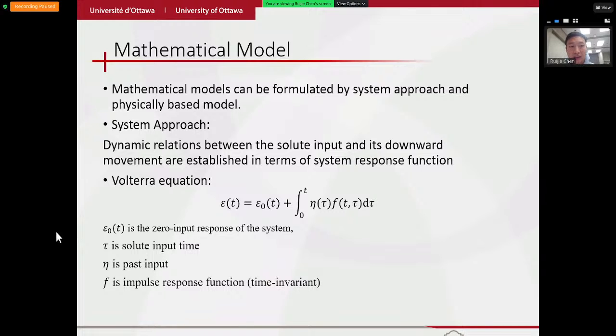Tau is a solute input time, eta is a past input, and f is the impulse response function, which is time invariant. So if epsilon zero t is the state of the system without influence of the past solutions, and the integration term is the influence of the past solutions. So the state of the current system equals the right hand side.